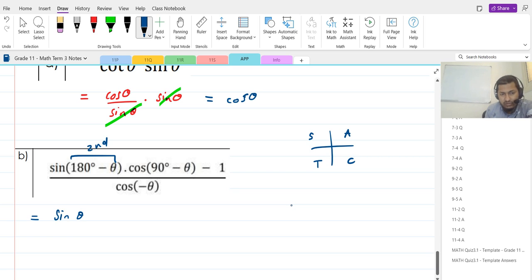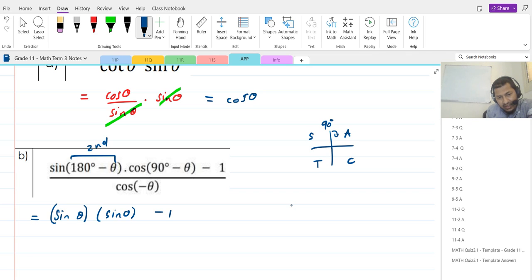The trig ratio does not take a co-ratio because we have a 180. Then what is cos of 90 degrees minus theta? It's in the first quadrant, right, because 90 is here and minus theta. In the first quadrant all is positive, but cos changes to sine because of the co-ratio, so it becomes sine theta.